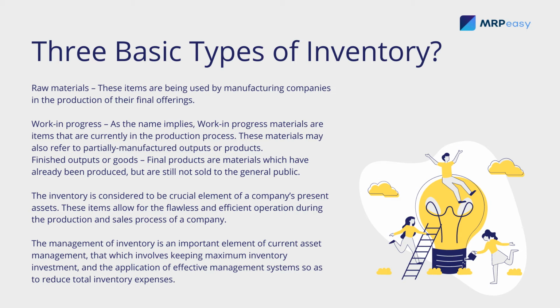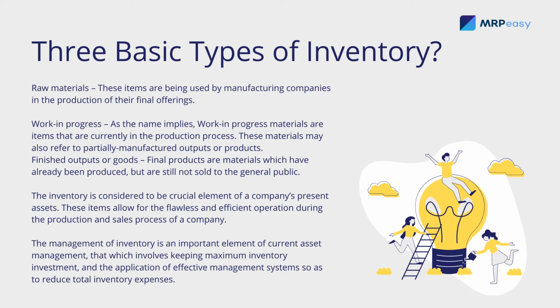Raw materials. These items are being used by manufacturing companies in the production of their final offerings. Work in progress. As the name implies, work in progress materials are items that are currently in the production process. These materials may also refer to partially manufactured outputs or products.